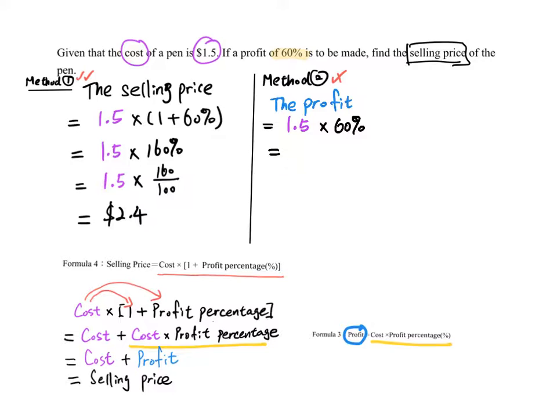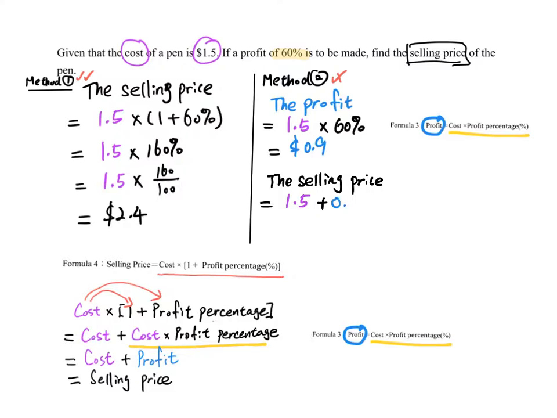It is equal to $0.9. I find the profit by using formula 3. And then the next step, I can find the selling price. The selling price is equal to the cost, 1.5 plus 0.9. It is equal to 2.4. You can see that I get the same answer.